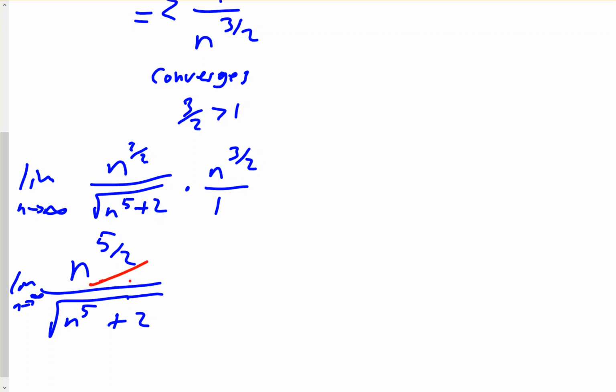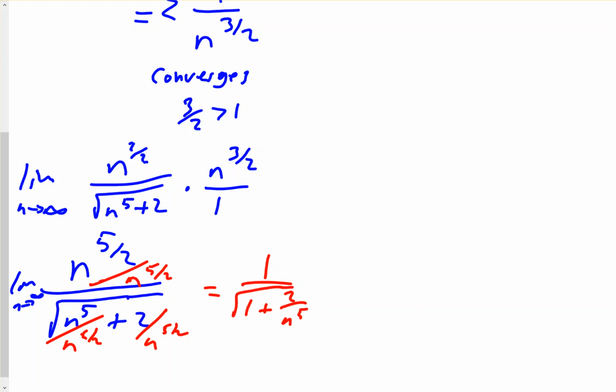Okay, so if we divide by n to the 5 over 2, as we approach infinity, we end up with 1 over the square root of 1 plus 2 over n to the 5th.